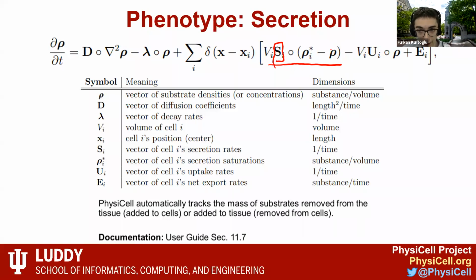And we also have the current concentration. The secretion subtracts the current value from the target value, then multiplies by the secretion rate and the volume of the cell. This is how secretion works.